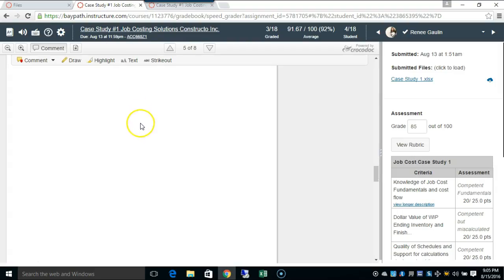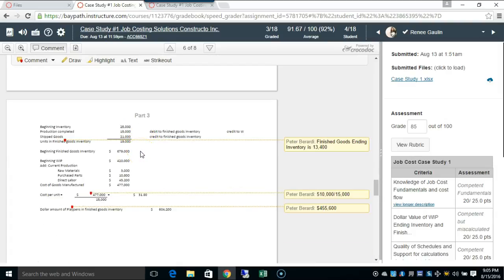So that's where you made your error. You picked up the beginning inventory from WIP instead of finished goods.